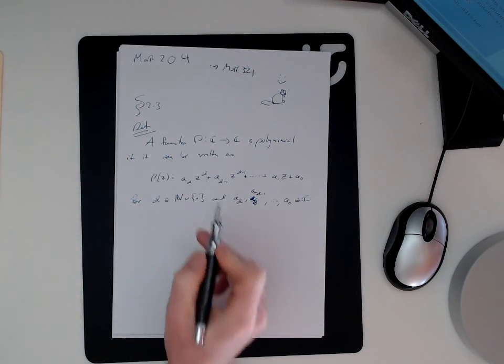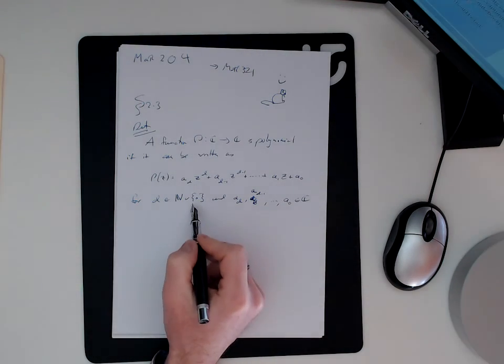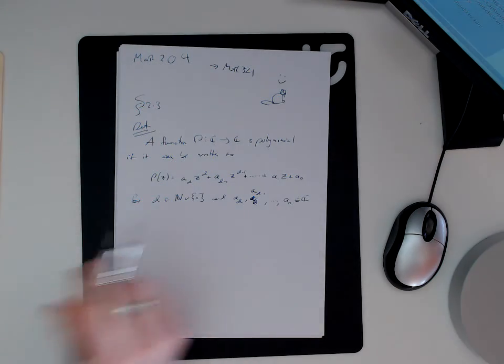Polynomial, complex bits. The powers have to be natural numbers, so no weird powery stuff going on here.